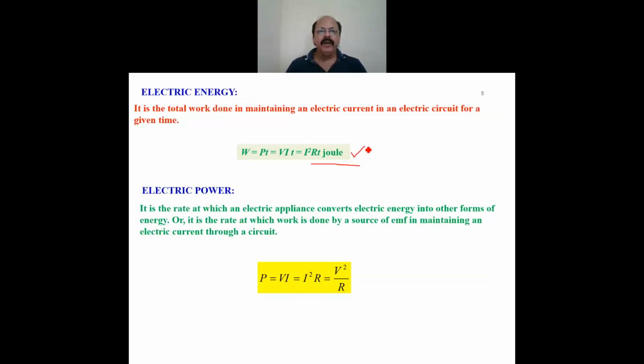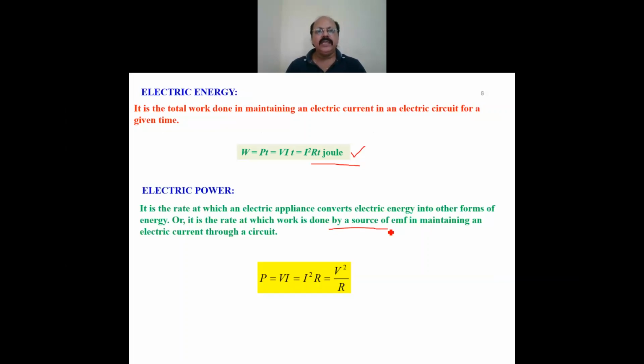Now electric power. Electric power is the rate at which an electric appliance converts electrical energy into other forms of energy, just like heat. Or we can say that it is the rate at which work is done by the source of EMF for maintaining an electric current through a circuit.